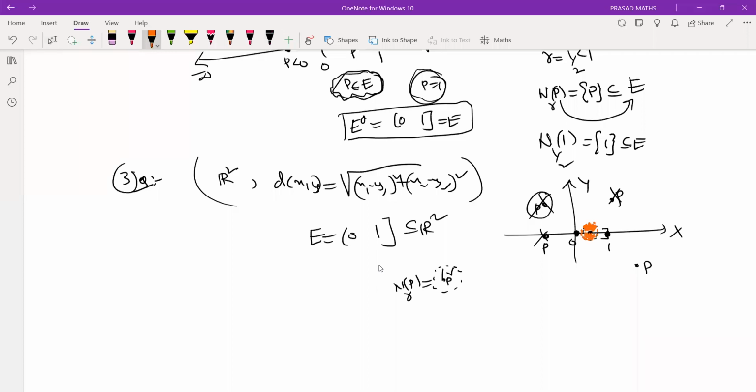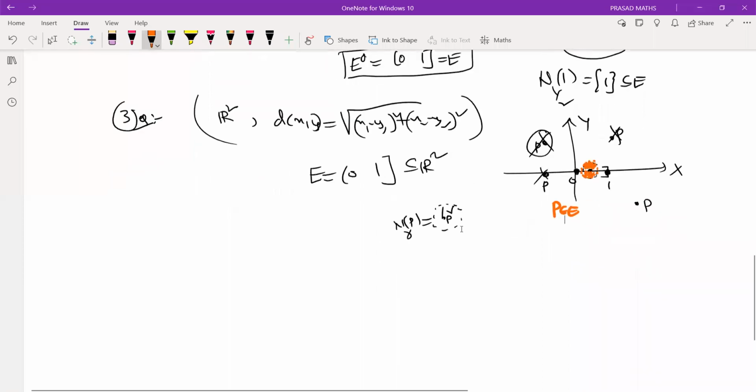Therefore, that point which is in the neighborhood is not inside the set, so that point is not an interior point of the set. Any point that you started with is not an interior point of the set with respect to this metric space. So this is about the interior point.